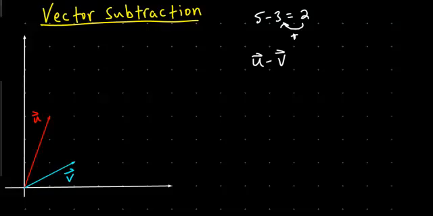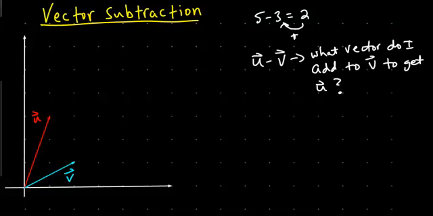I need to figure out what I add to v to get to u. That is, what vector do I add to v to get u?